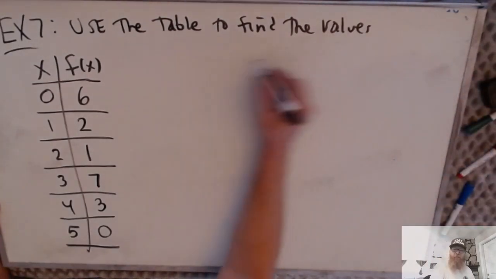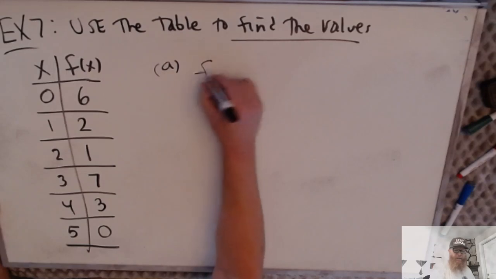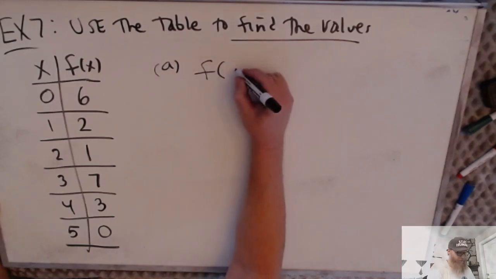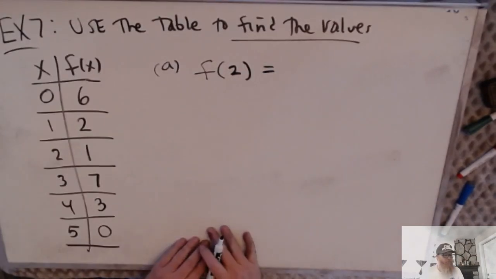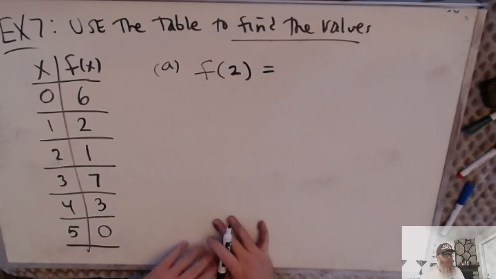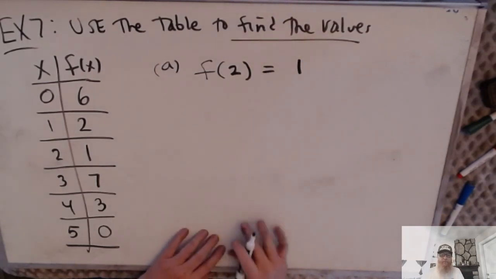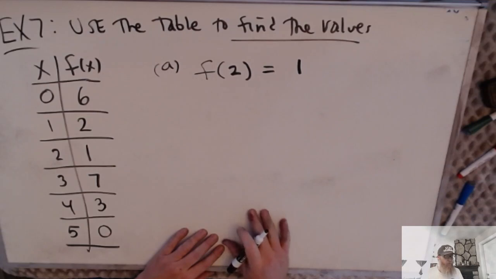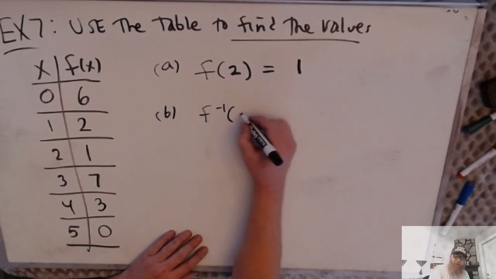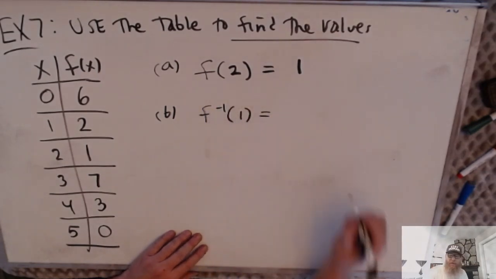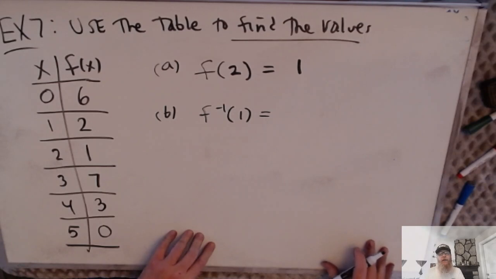So let's find the following values. Let's find f of 2. f of 2 is 1. So what would f inverse of 1 be? That would be 2.